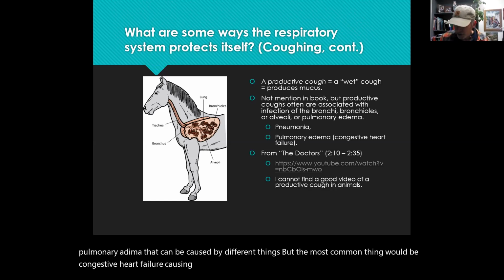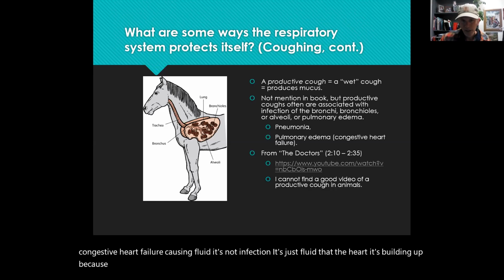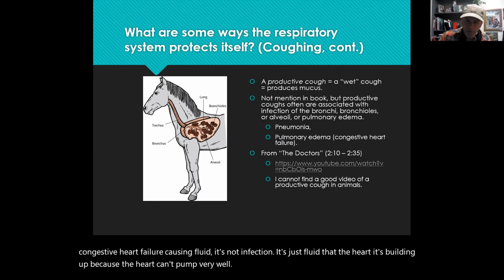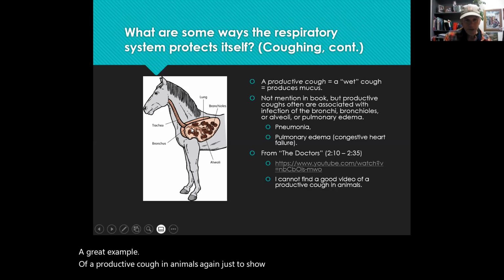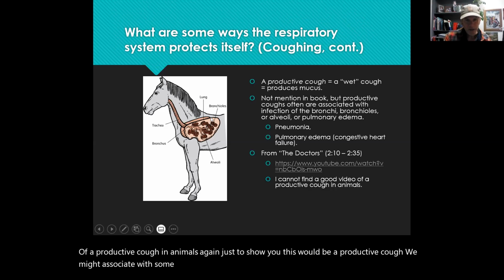It's not infection, it's just fluid building up because the heart can't pump very well. I can't find a great example of a productive cough in animals. Again, this would be a productive cough we might associate with some sort of problem down here in the bronchioles or the alveoli.